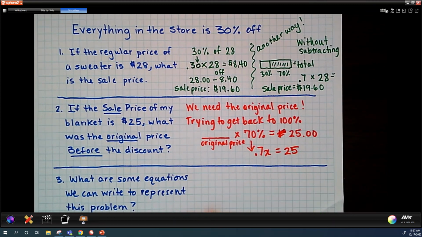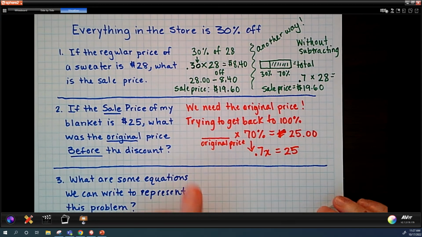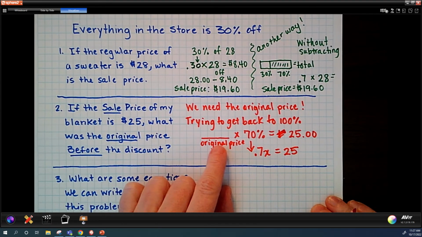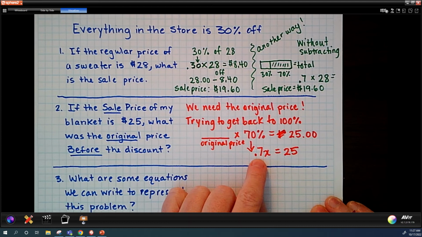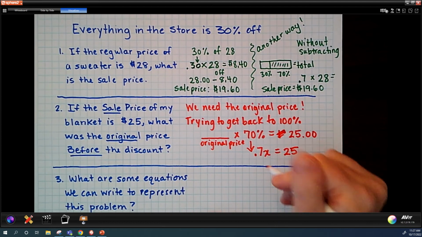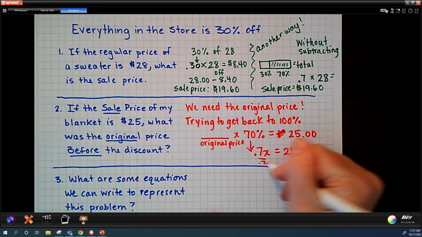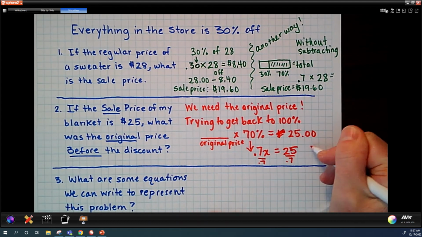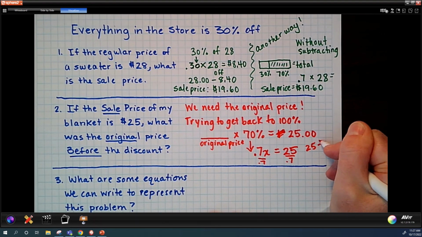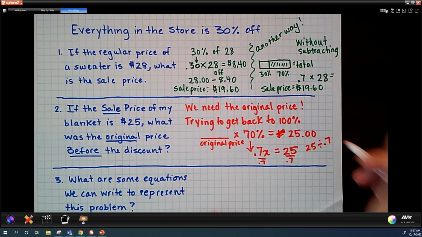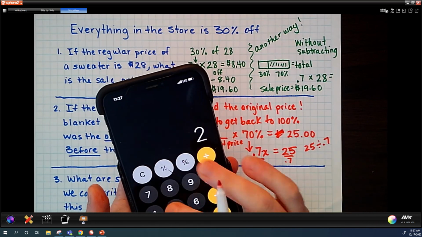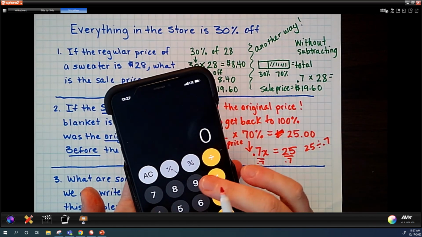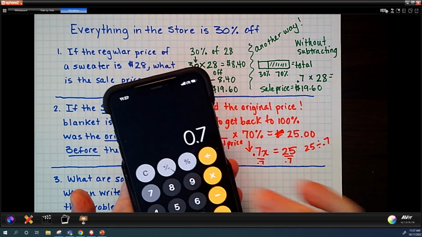Some number times 70%, 0.7, is equal to 25. So I'm going to divide both sides by 0.7. 25 divided by 70%, or 0.7. Let's see what we get. 25 divided by 0.7.